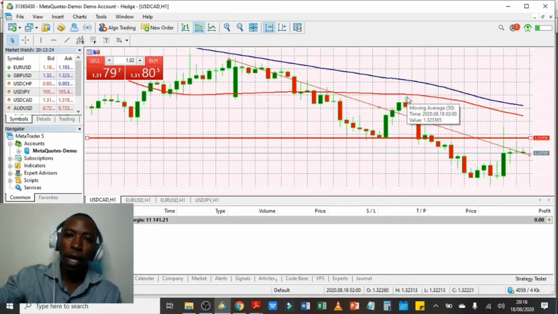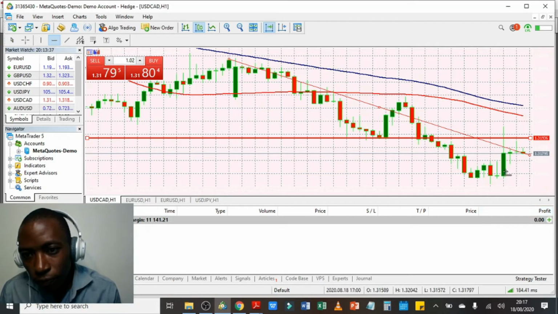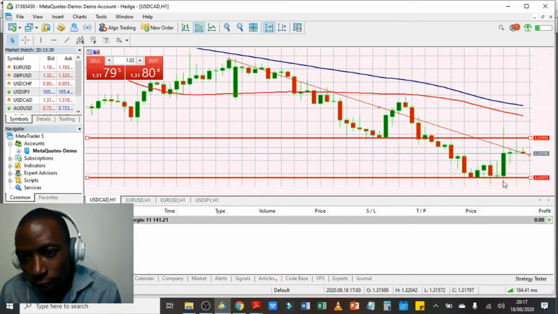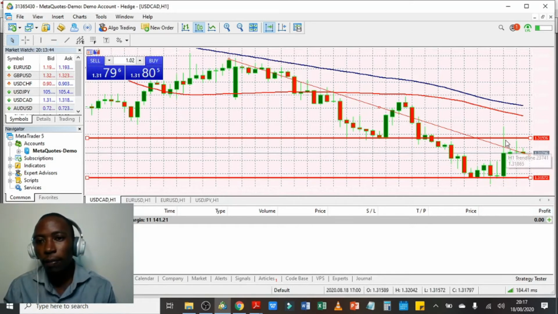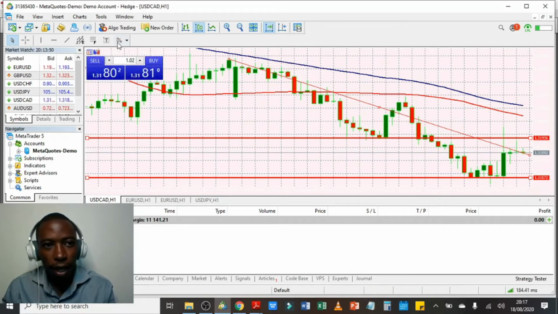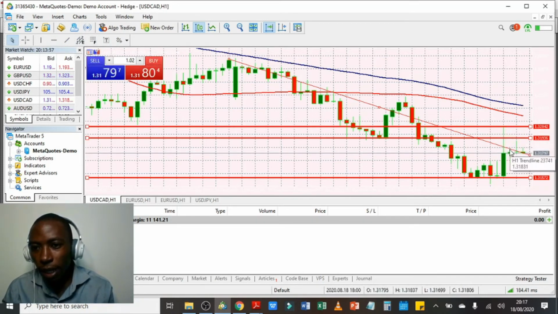The price couldn't break the 50-hour moving average, and then it deflected back, broke the trend line again, and kept going lower and lower until at this point, another horizontal line, until it reached this point over here, that is 1.31572, and now started going up again, broke the trend line all the way, and then over here at price point 1.32042, it started dropping again, broke the trend line, and now it's non-trending.